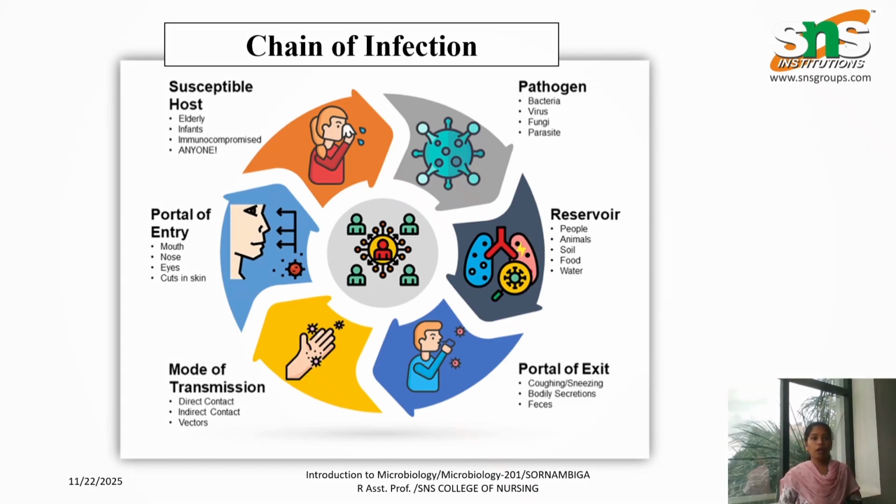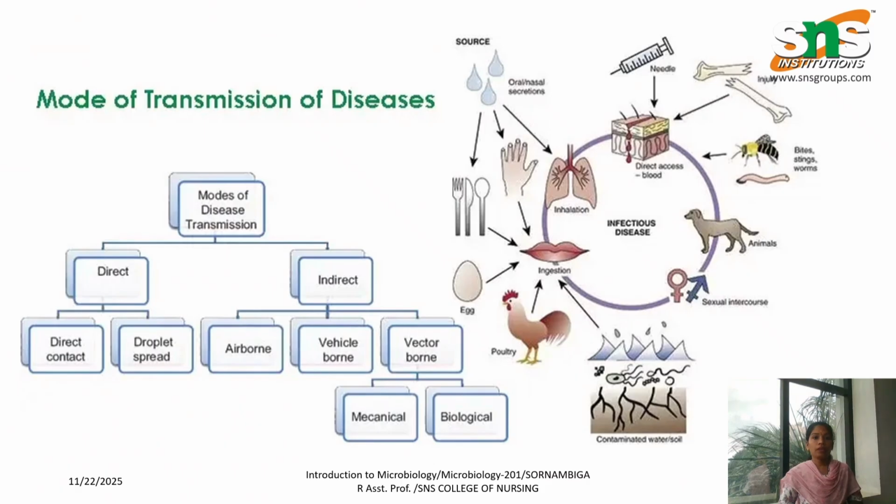Direct contact spreads skin to skin, through hands and surgical sites, and through airborne particles. Indirectly, it spreads by vehicle contamination and by foodborne, waterborne and bloodborne pathogens. These are the ways diseases spread from one person to another.